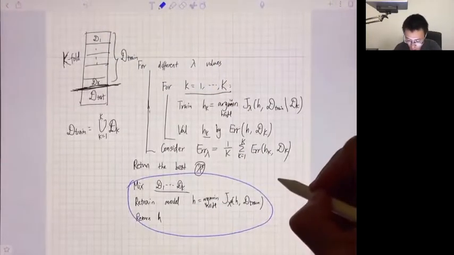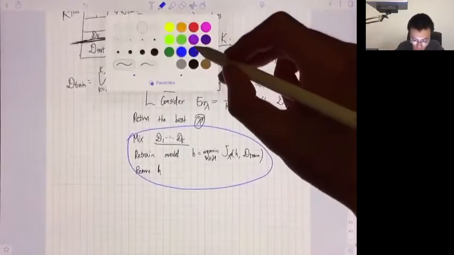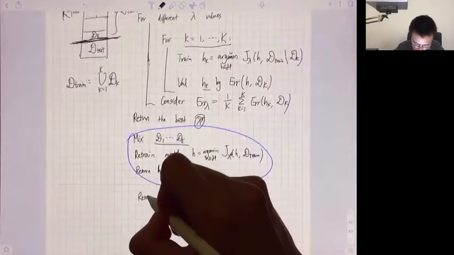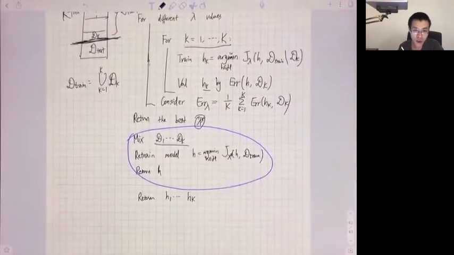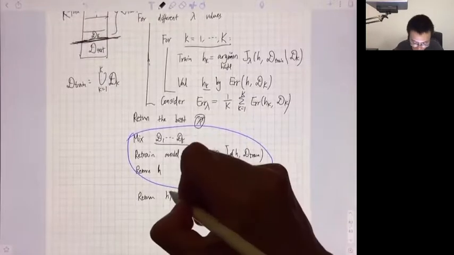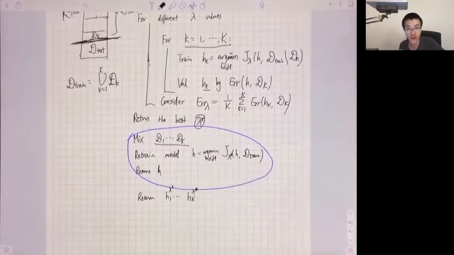The other possibility is, alternatively, you can just return H1 up to HK, and then your prediction is the average of H1 up to HK with that best lambda. It's also possible. I mean, you have different design choices. In machine learning, we do have some math part, but we also have some design choices.